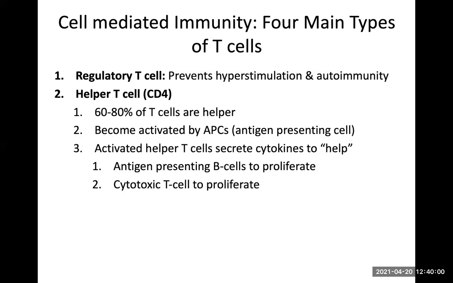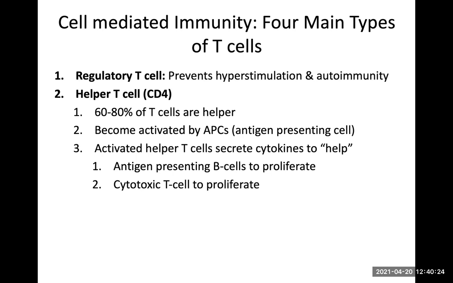All right, helper T cells have receptors called CD4 receptors. Helper T cells are responsible for activating the B cells to make the clonal expansion, make the army, right? And then also helper T cells are required for the cytotoxic T cells to make an army as well.